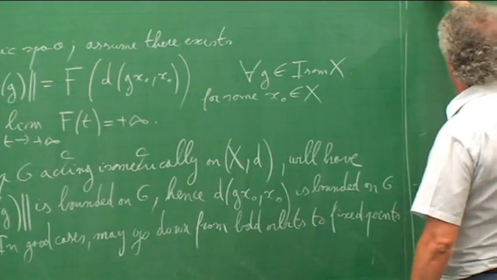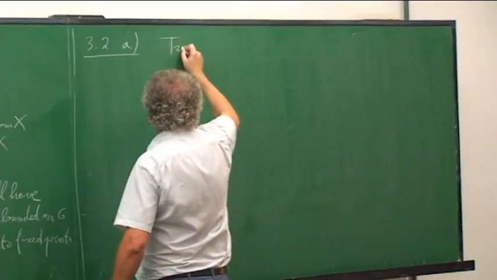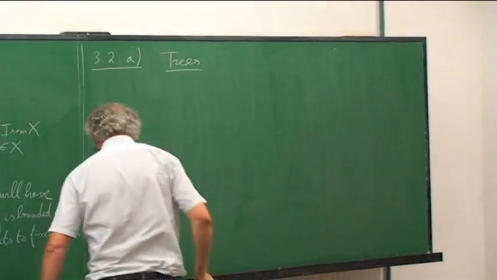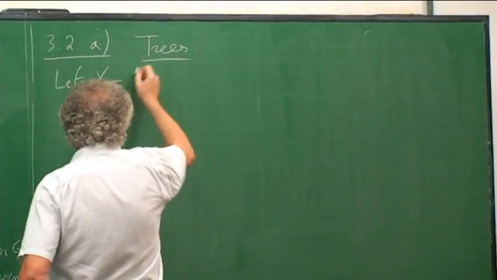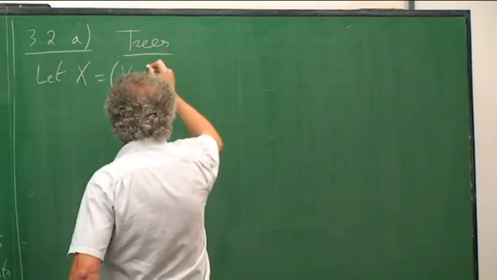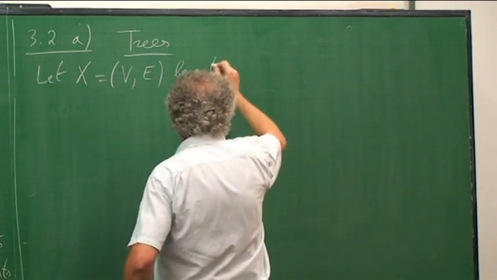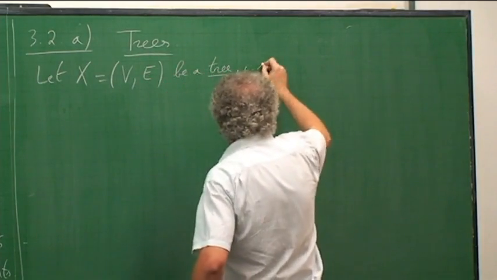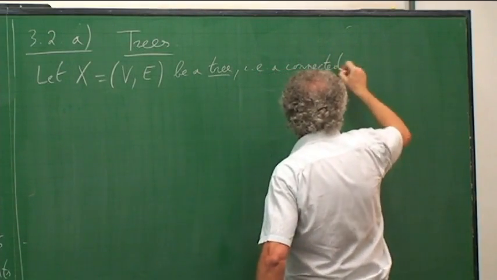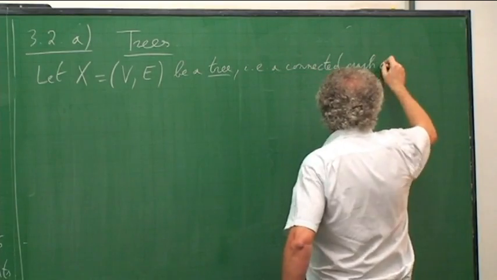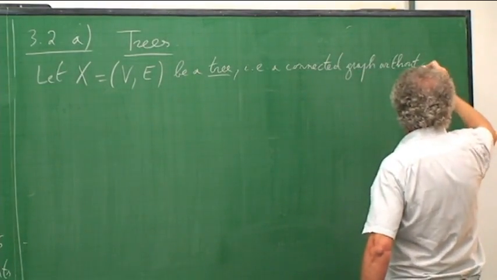So, A. It would be the case of trees. So X, d is a tree, and a tree is a connected graph without circuit.